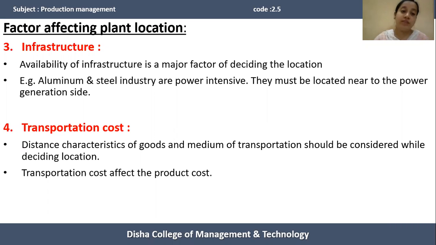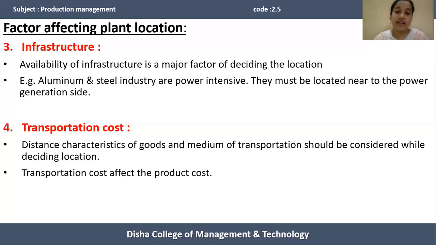Take the example of the aluminum and steel industry. Generally, aluminum and steel industries are power intensive. They consume heavy power. The steel industry requires heavy power for converting solid metals into liquid metals. So for that reason, this type of industry has to be located in a place where power is generated. Take the example of Vizag Steel Plant. Vizag Steel Plant is situated in Visakhapatnam due to getting energy easily and more efficiently.